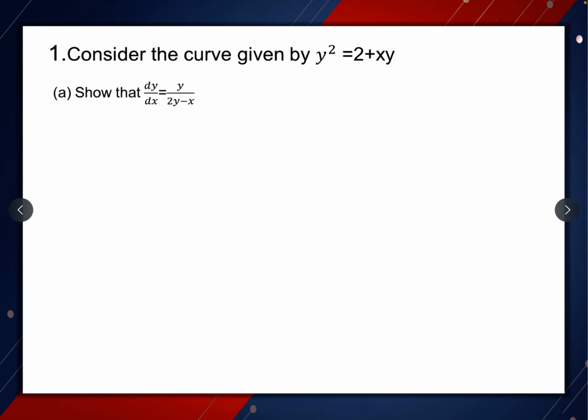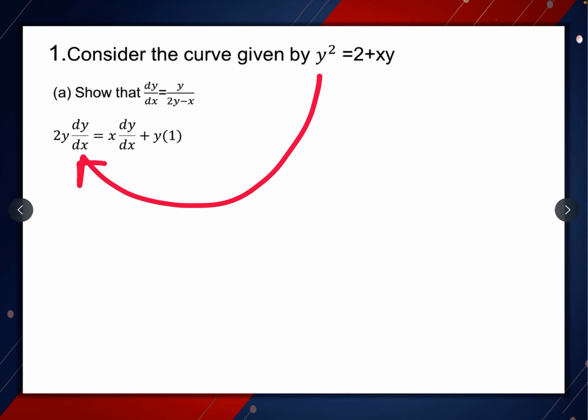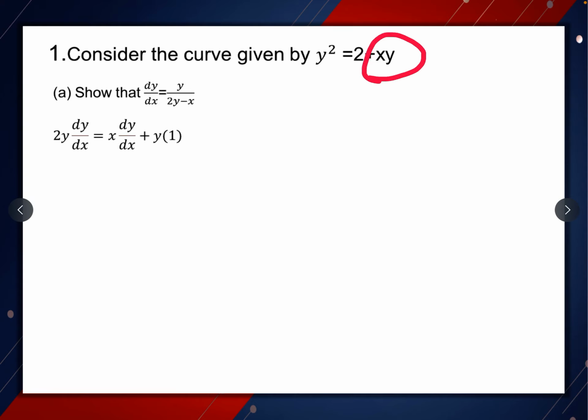The first question gives us a curve in the function, and it wants us to show that dy/dx equals y over 2y minus x. When we see dy/dx, we must think about taking the derivative of the function.